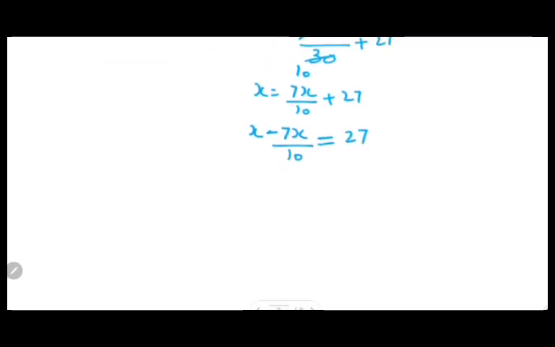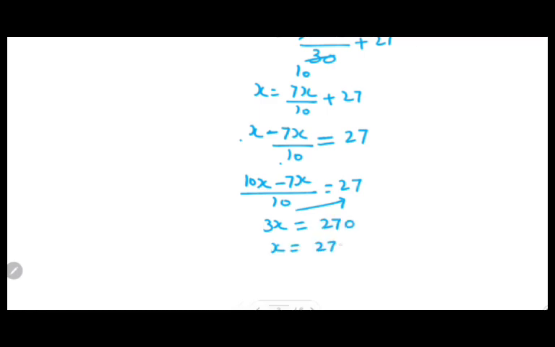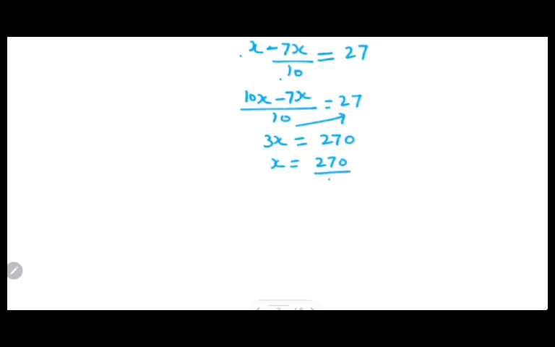Did you understand, children, why I didn't multiply 30? Because I knew somewhere that I'm going to take all my x on the LHS. 10 into x makes it 10x minus 7x upon 10, which is equal to 270. 3x is equal to, this 10 goes on the other side, so it becomes 270. X is equal to 270 upon 3. 3 1s are 3, 9s are 27 and 0. Value of x is 90.